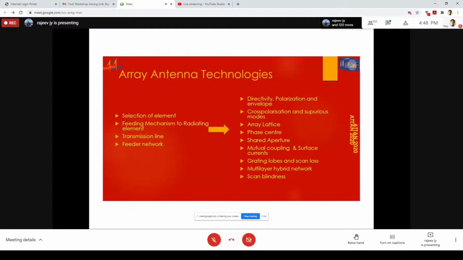The moment you add complexity, the moment you want to make it more compact, and add more and more bands. Normally, when we talk about 0.5 lambda spacing or 0.75 lambda spacing, a particular fixed element gain comes. But when you want to reduce the spacing to get a large scan without scan blindness, then surface currents and mutual coupling become very important.